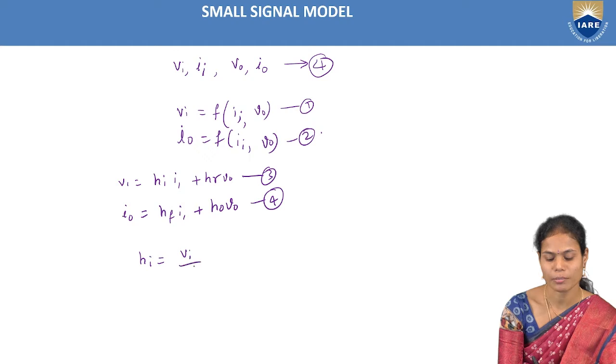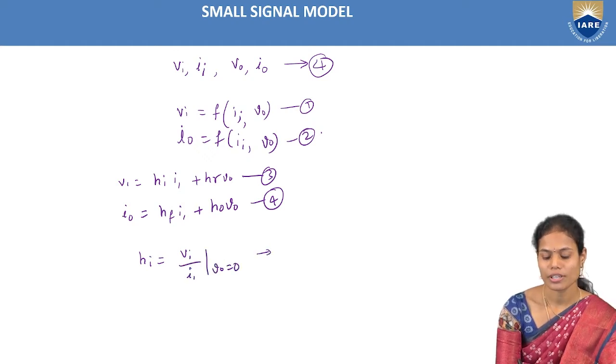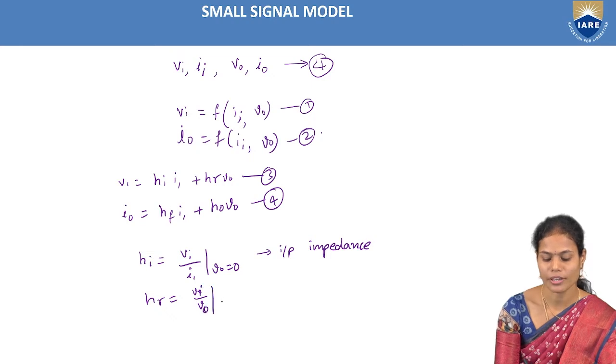hi equal to Vi by Ii when V0 is short circuited. We have taken this as the input impedance. The next parameter is hr, that is V1 by V0 when the input is open circuited.